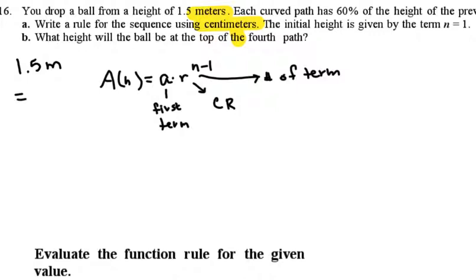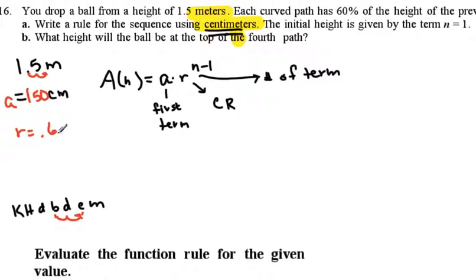We want this to be set to centimeters because of this statement. King Henry died by drinking chocolate milk, right? So we are at the basic unit. We are here, and we want to go here. So we're going to move 1, 2 places. So we move that decimal 1, 2 places. And this becomes 150 centimeters. And that is my a. 60% of the height, that is going to be the r, because that is your common ratio. And that's it for now.